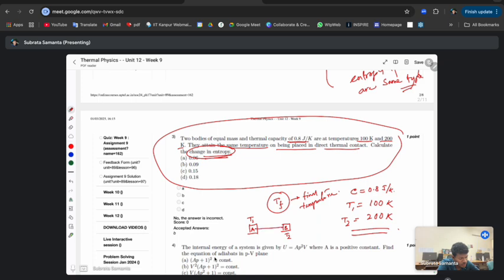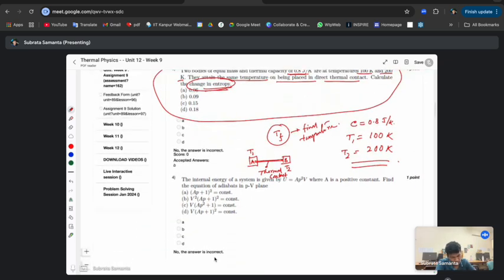Now we put them in thermal contact. Then what is the change in entropy?